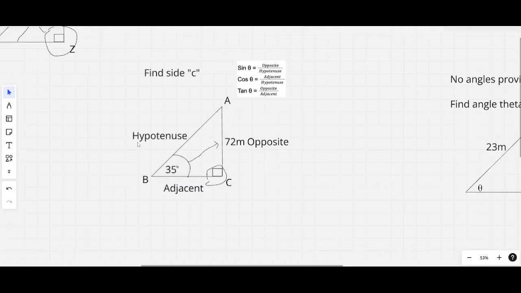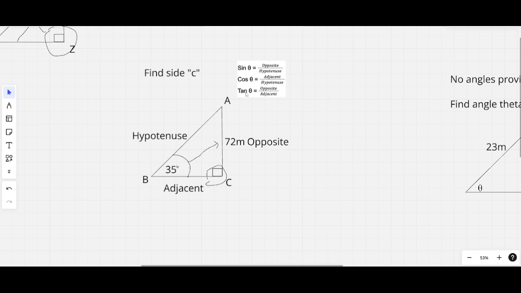So if we're trying to find the hypotenuse, we know our opposite, and we know theta, then we have to determine which of the ratios to use. Now theta is of course in all of these ratios. However, if we're given the opposite and we're trying to find the hypotenuse, then the adjacent is never really used.